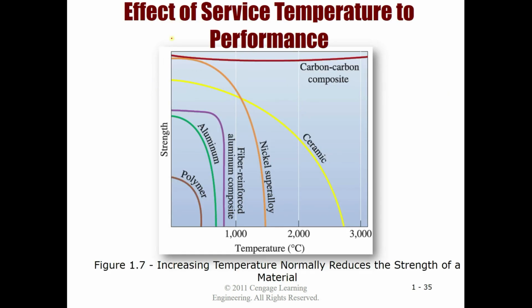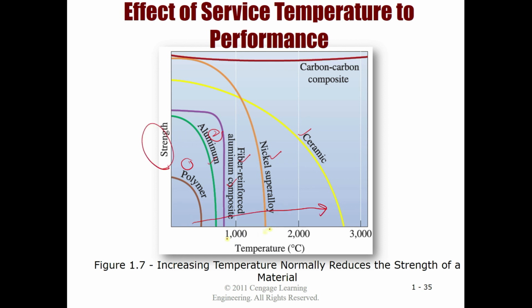Next example is the effect of service temperature on performance. You can see in this graph, there are plenty of types of materials: polymer, metal, composite, whether it is aluminum composite, fiber reinforced composite, alloy, ceramic, and carbon-carbon composite. It shows how these materials vary with the temperature in terms of strength.